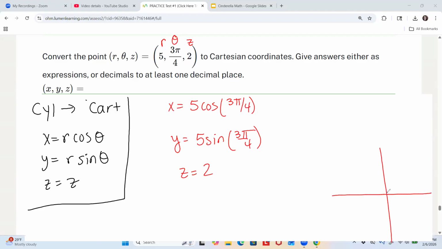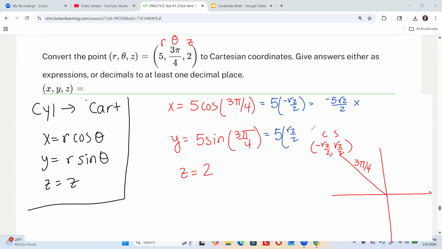Let's go to the unit circle. 3 pi over 4 is here, the middle one in quadrant 2. So that is left root 2 over 2, up root 2 over 2, cos and sine. Okay, so the x would be 5 times negative root 2 over 2. So that would be negative 5 root 2 over 2. That's x. And the y would be 5 times positive root 2 over 2.